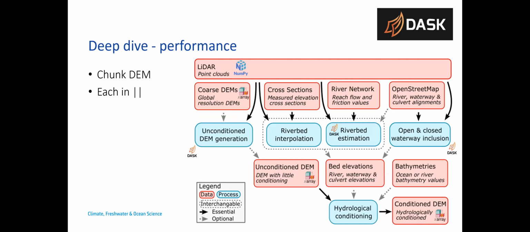I've included a few indications of where we can make use of Dask for parallelizing our digital elevation models, where those are represented by Xarrays. And you can see it really comes in that middle line with riverbed estimation, open and closed waterway inclusion, and unconditioned digital elevation model generation.